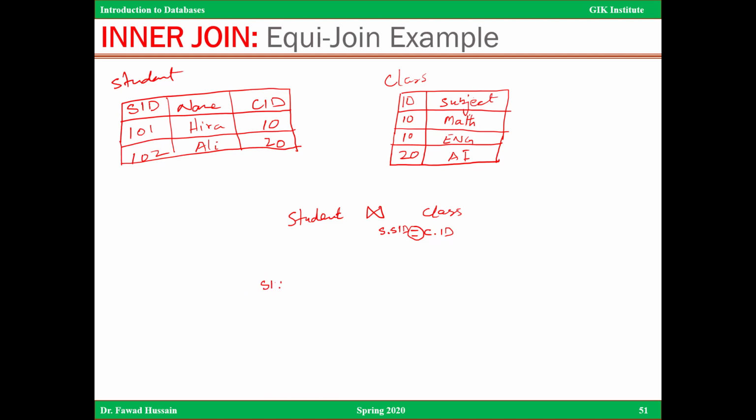SID, name, CID, ID, and then the subject. Remember we said that the degree of the two tables are simply added.